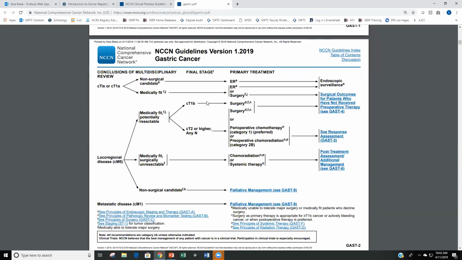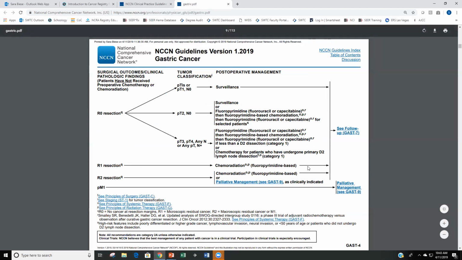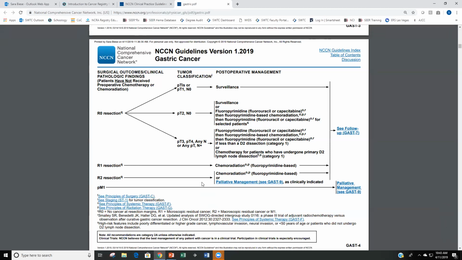So if the patient did go to surgery, okay, you could click on surgery, and then what they do is the R0, R1, and R2. The R0 is when no cancer is at the resected margin, okay? So when the surgeon removed the stomach, the margins are negative.